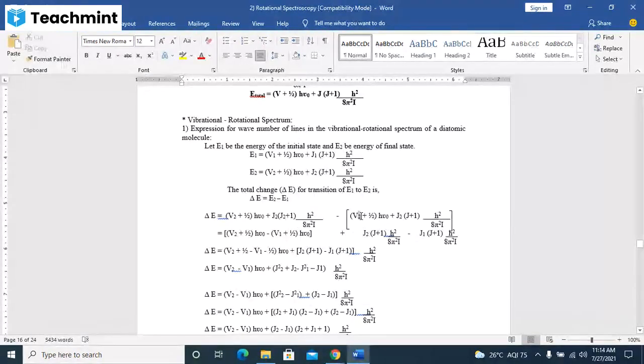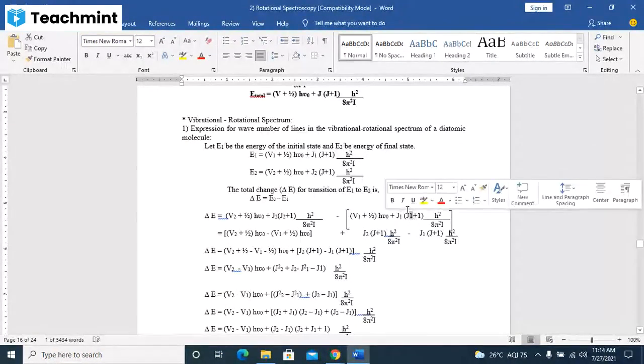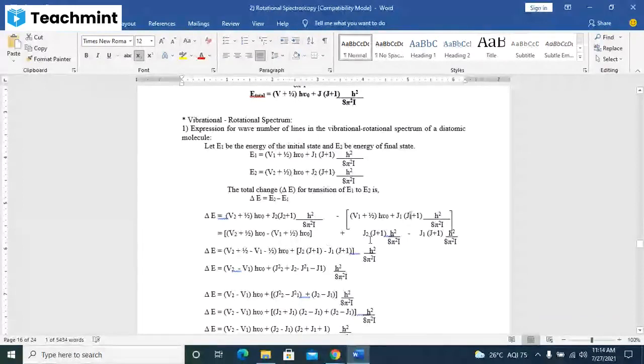Here that will be the V1, here the J1, again J1 will be there. Just remember this, what I am doing, please pay attention on the screen because I am solving this particular thing. I have put this E2 and E1 over here.